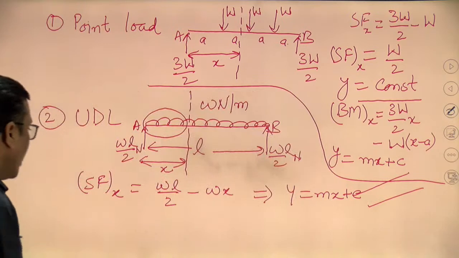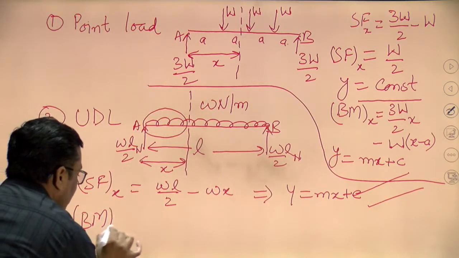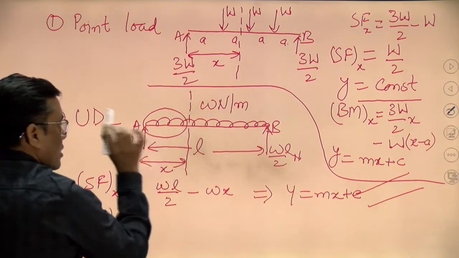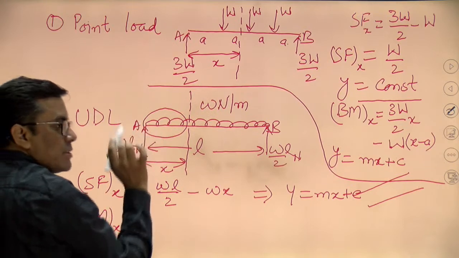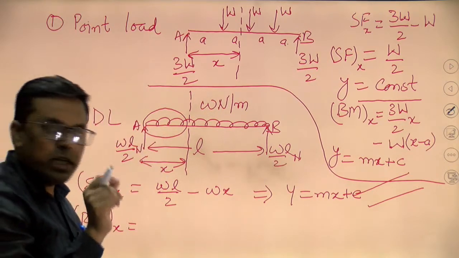Equation. Okay. Bending moment, now I am writing. Bending moment equation I am writing. At this particular section, bending moment is the algebraic sum of all the moments acting either side of the section plane.